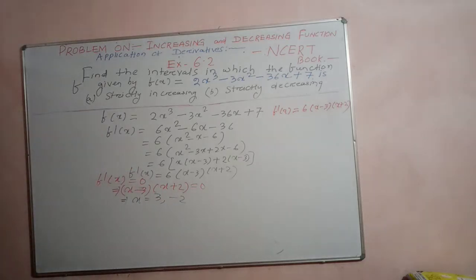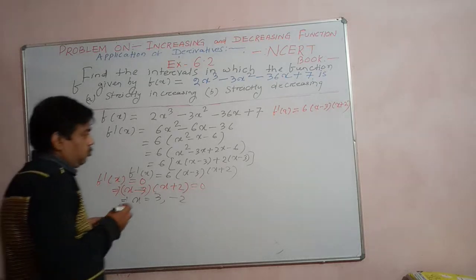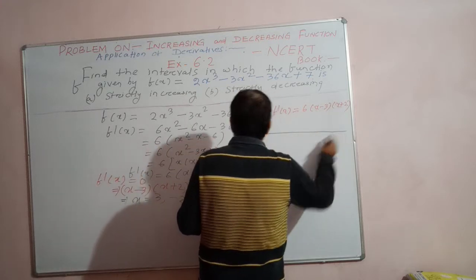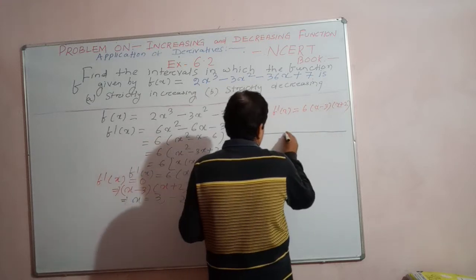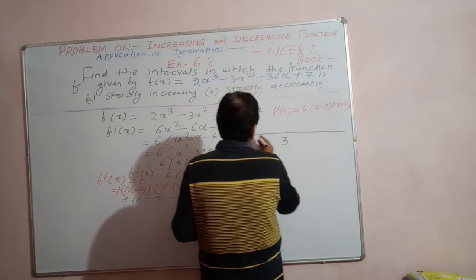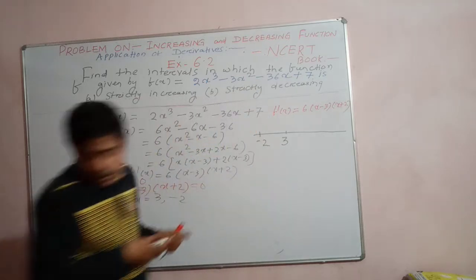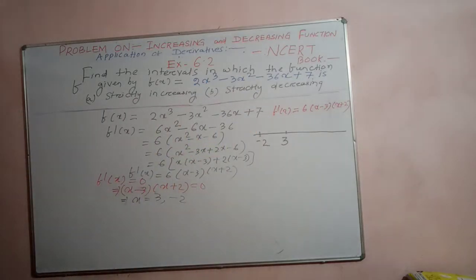It means x is equal to 3 and x is equal to minus 2. Let us draw a real number line. Here x is equal to 3, then x is equal to minus 2.